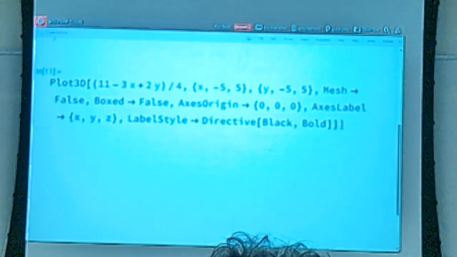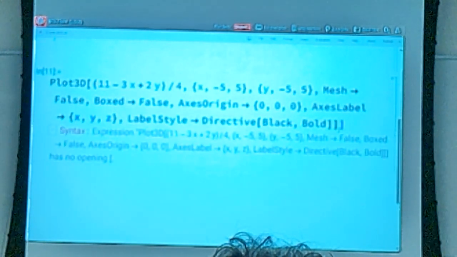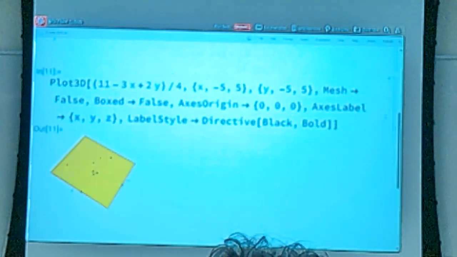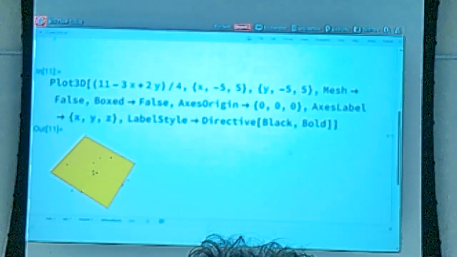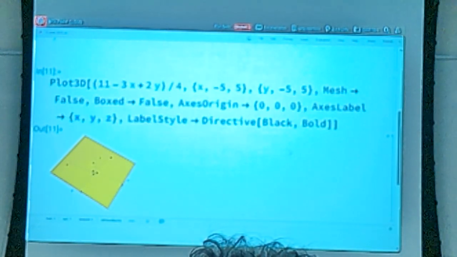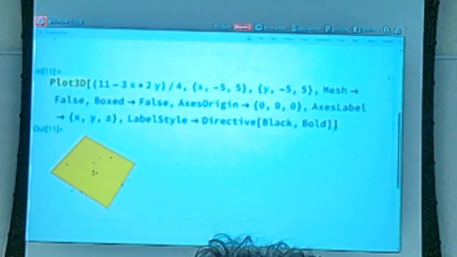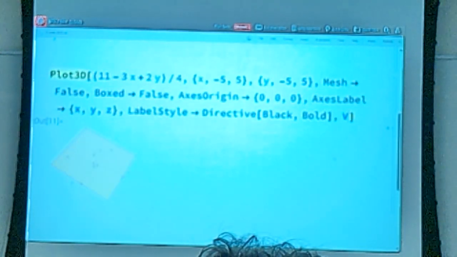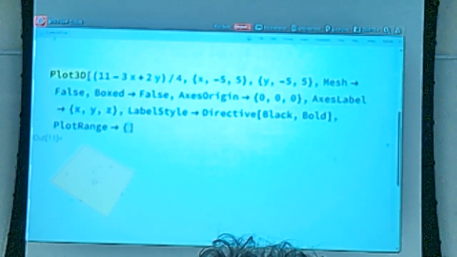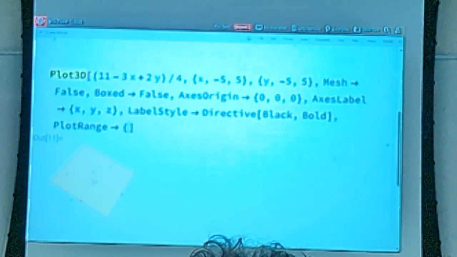Oops, that's one too many. Yeah, I don't like the Z because it's not really symmetrical. So I'm going to add two things, obviously my viewpoint, and I'm going to change my plot range. That's going to give me the Z axis.